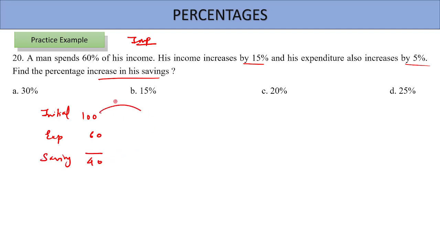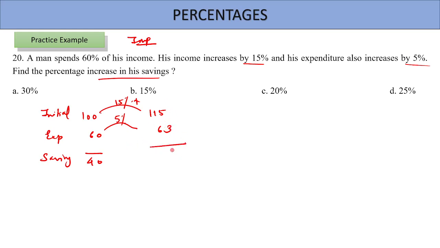Now his income increases by 15%. So his new income is 115. His expenditure also increased by 5%. That means 60 plus 5% of 60 is 3, so 63.